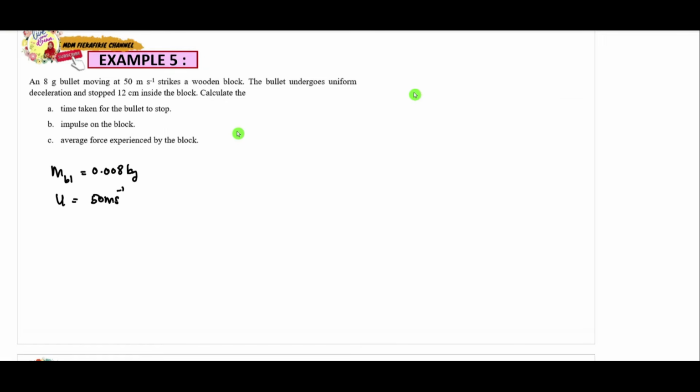So this is the diagram. Let's say this is the wooden block and this is the bullet. The bullet will move in this direction. And the bullet undergoes uniform deceleration and stops 12 cm inside the block.